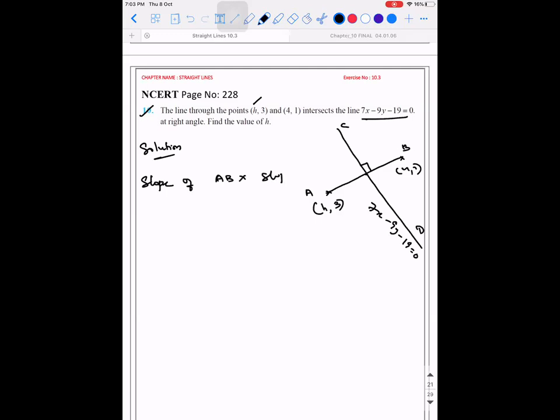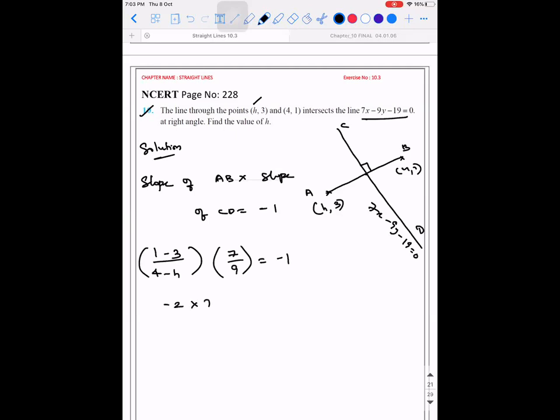Slope of AB into slope of CD is how much? Minus 1, because they both are perpendicular to each other. What is the slope of AB? (1 minus 3) divided by (4 minus h), into what is the slope of CD? 7 by 9, is minus 1.